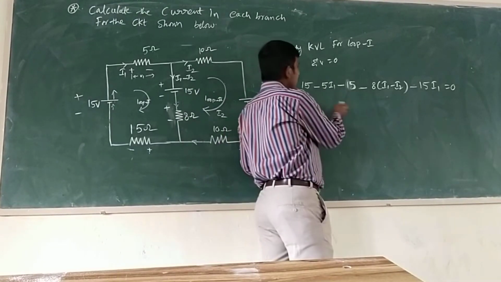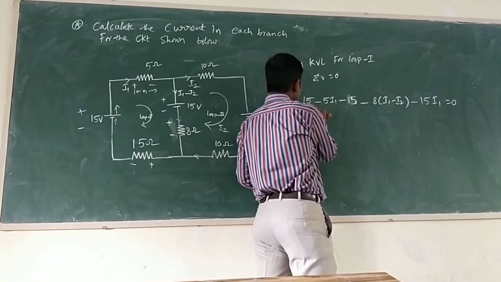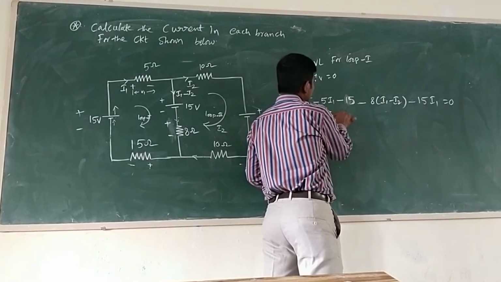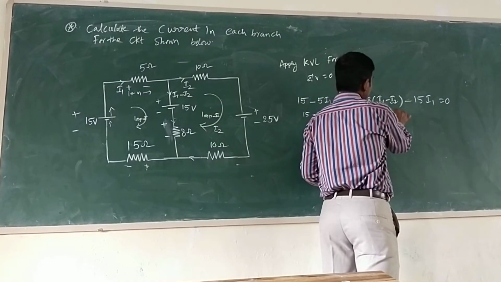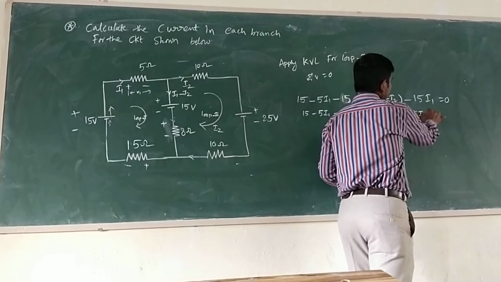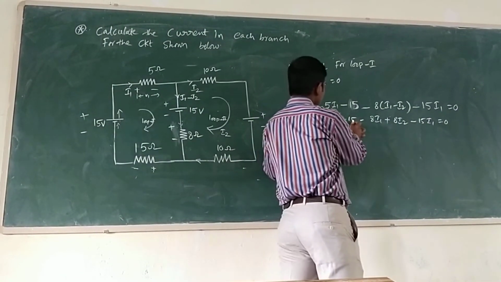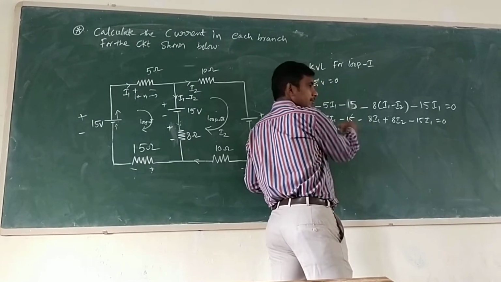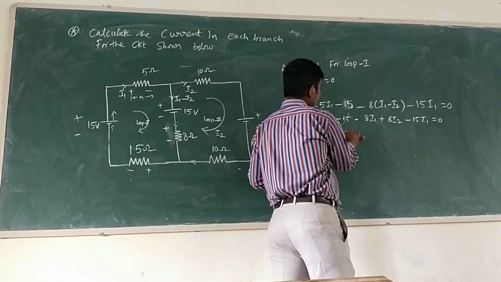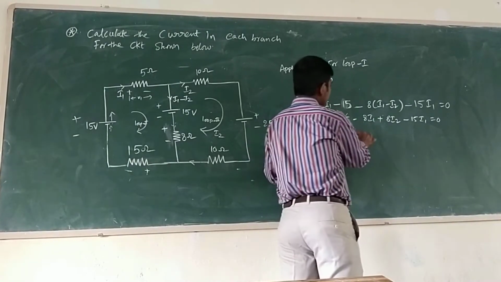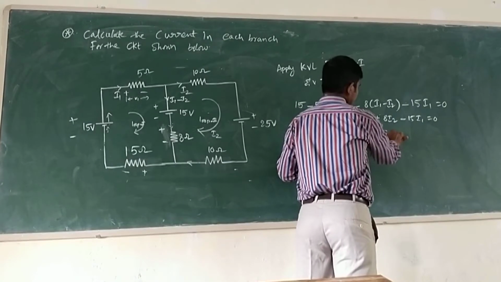Now represent this equation in a simple manner. Remove the brackets. Okay, minus 15 minus 5 I1 minus 15 minus 8 I1 plus 8 I2 minus 15 I1 equal to 0. Now 15 minus 15, both will be cancelled. Minus 5 I1 minus 8 I1 is minus 13 I1, minus 13 I1 plus 8 I2 minus 15 I1 equal to 0.